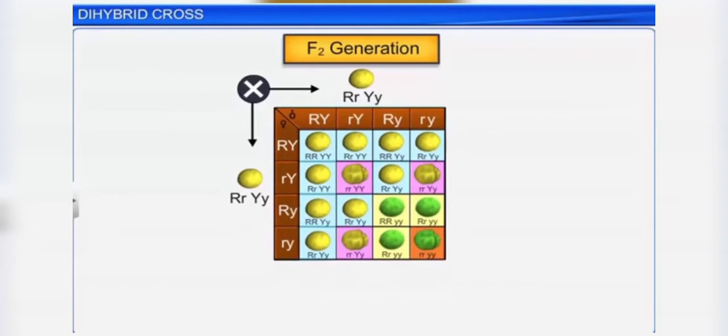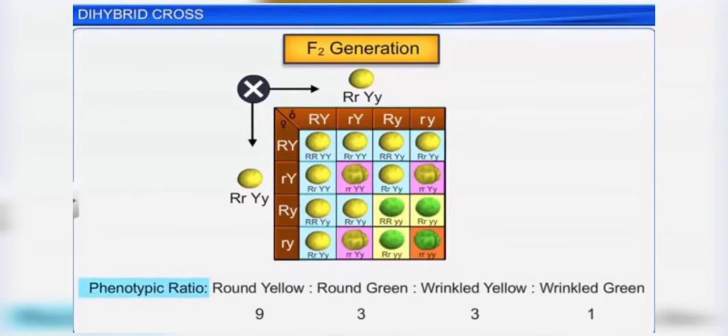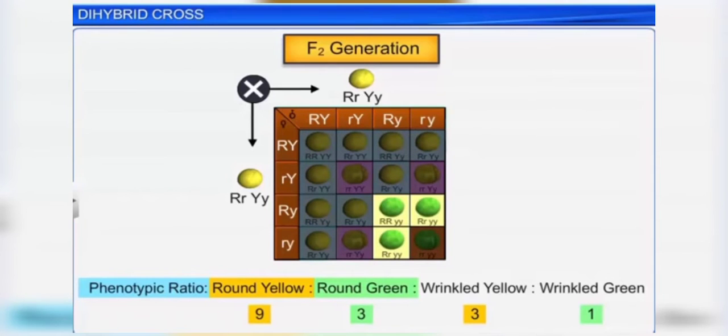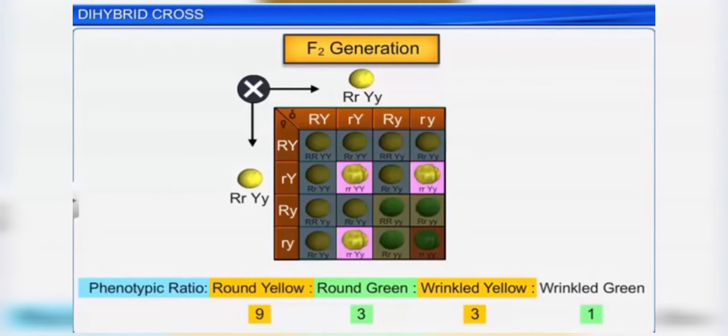Mendel also found that the phenotypic ratio of the F2 hybrid was 9:3:3:1. That means 9 yellow round, 3 round green, 3 wrinkled yellow, and 1 wrinkled green.